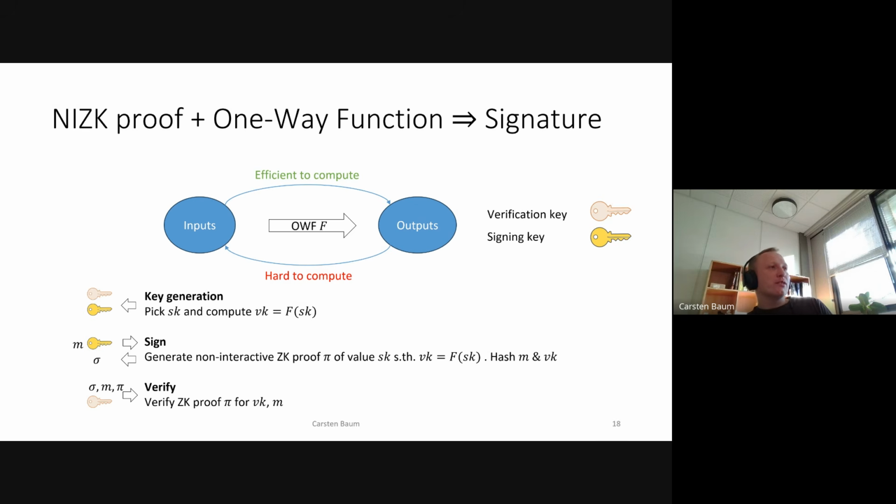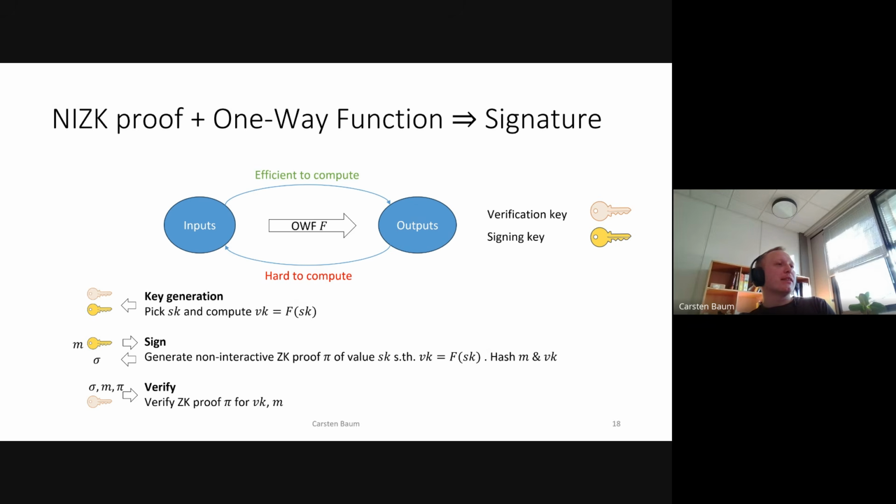The output of the one-way function evaluation becomes the verification key, and the input is the secret key. How do I do the signature? Well, I prove in zero knowledge that I know the secret key that evaluates to the verification key. And then you use your usual Fiat-Shamir transform to hash in the message, and whoops, out comes a digital signature scheme.